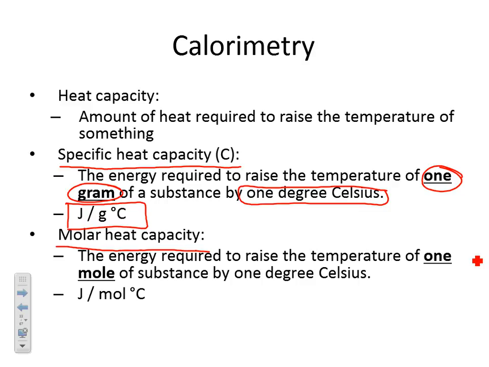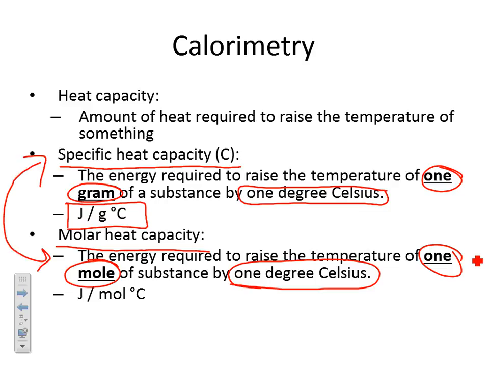Highly related to specific heat is molar heat capacity, which is the exact same idea, except we are talking now about 1 mole of a substance, but we still have the 1 degree Celsius bit. So hopefully you are understanding the relationship between specific heat capacity, which is joules per gram degree Celsius, and molar heat capacity, which is joules per mole degree Celsius.